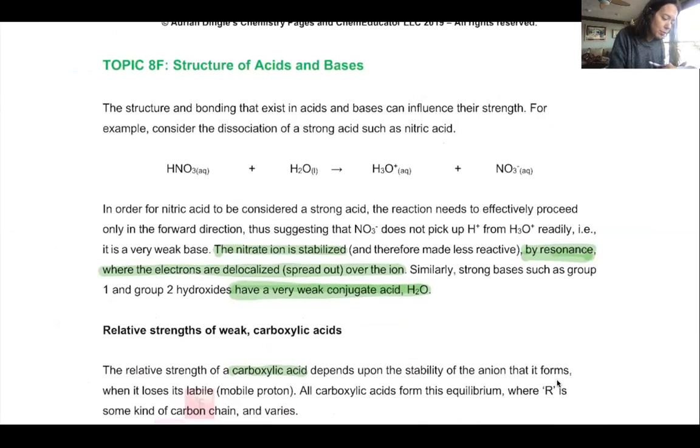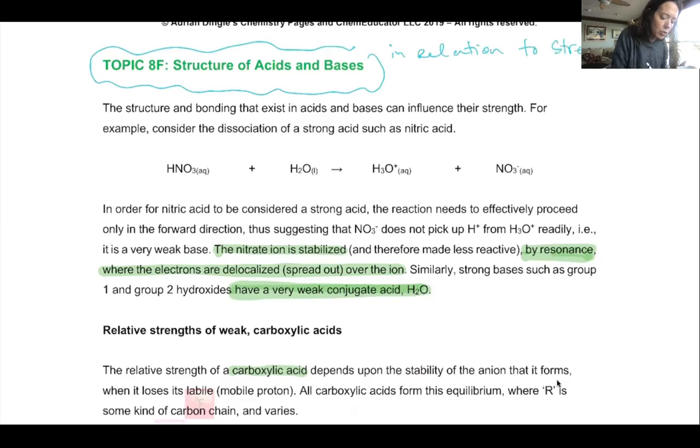Now, what I do know is we're talking about structure of acids and bases in relation to strength. We're going to keep this simple. You will see, if anything, one question about this.